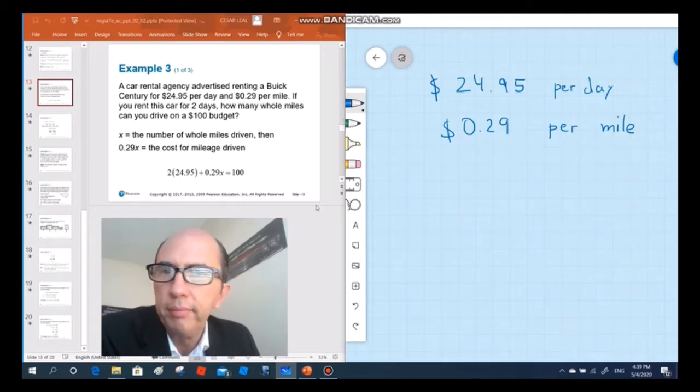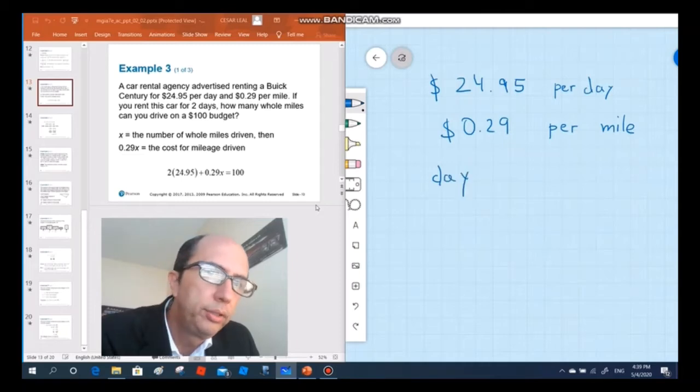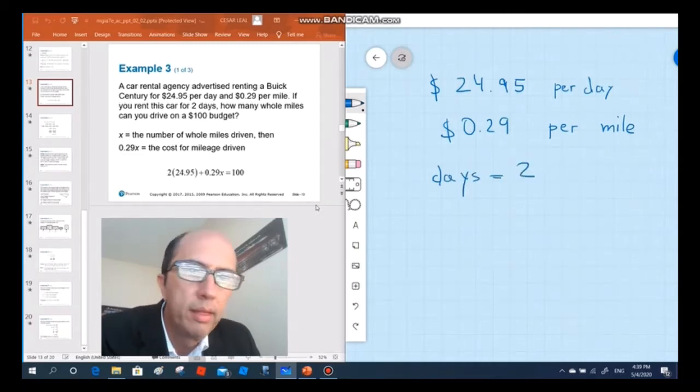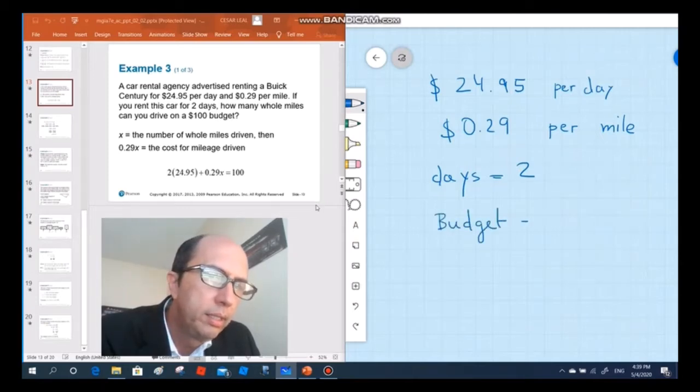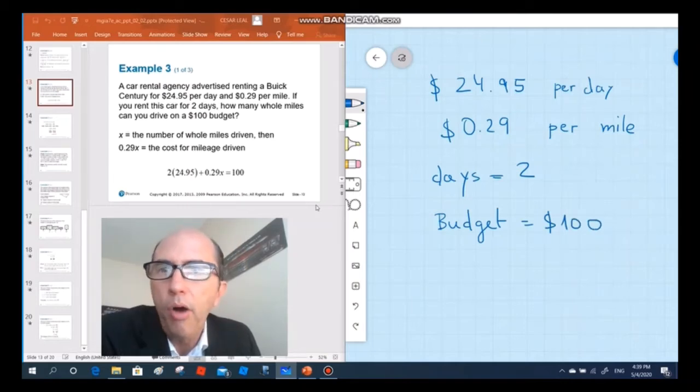What the problem is saying is that the number of days is 2, and you have a budget. The total you can spend is $100, but you don't know how many miles.